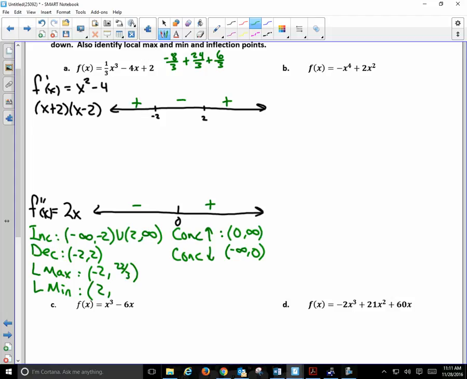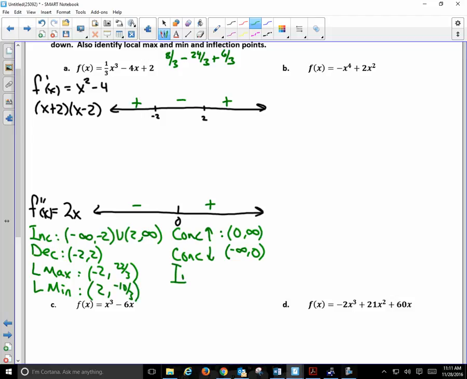If we plug in positive 2, we get positive 8 thirds minus 24 thirds plus 6 thirds. So I have negative 16 thirds plus 6 thirds, which is negative 10 thirds.